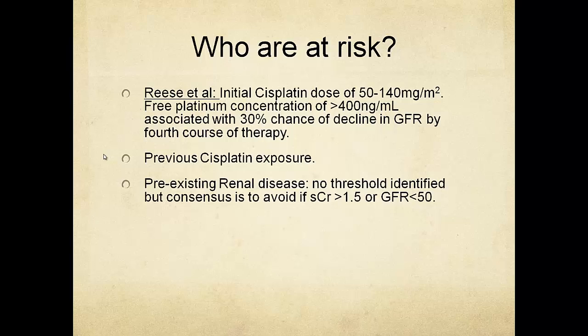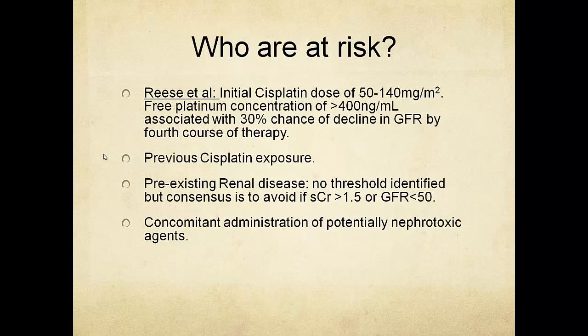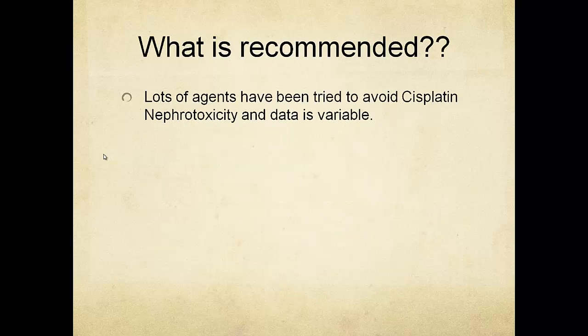Up till now there is no threshold that has been identified, but the consensus guideline says to avoid it if the serum creatinine is more than 1.5 or the GFR is less than 50, and if you have concomitant administration of potential nephrotoxic agents, older age, females, a smoking history, and hypoalbuminemia.